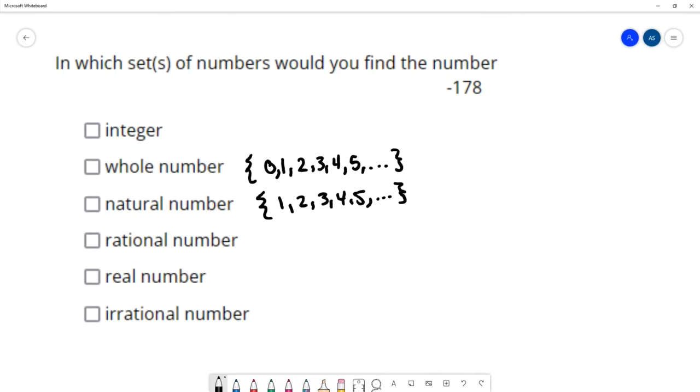The integers are the counting numbers, 1, 2, 3, 4, 5, and so on. It will also include 0 and the opposites of the counting numbers, -1, -2, -3, and so on.